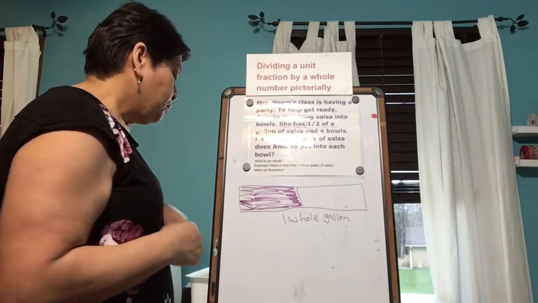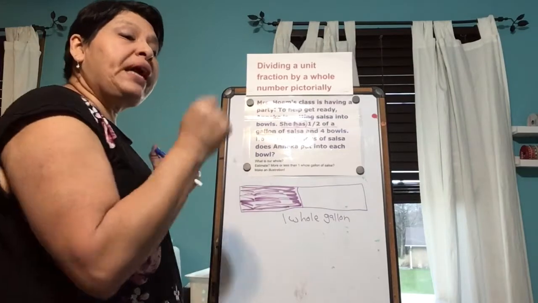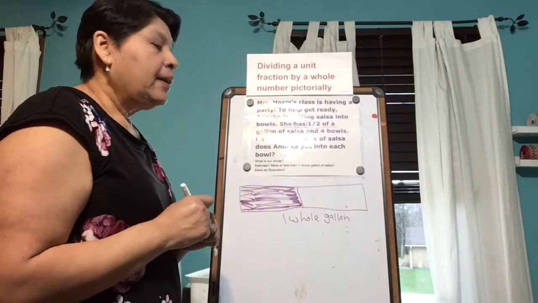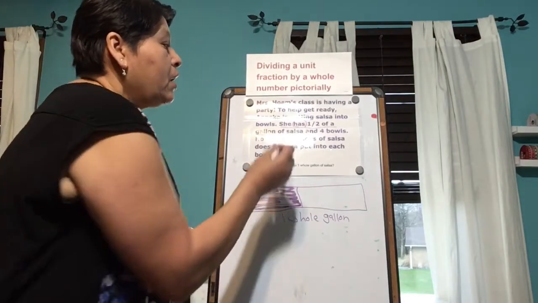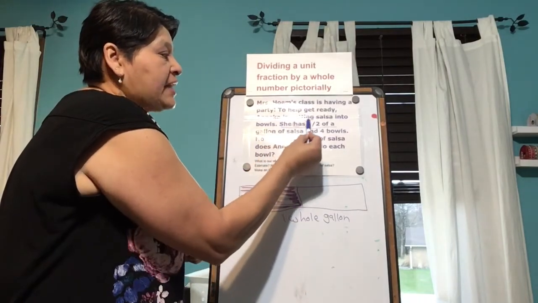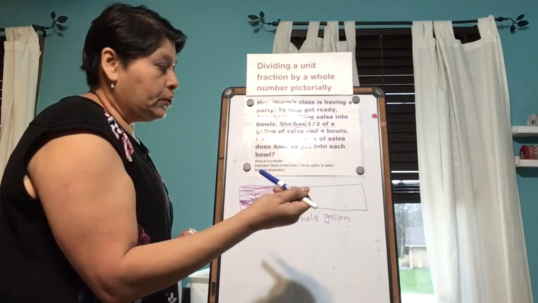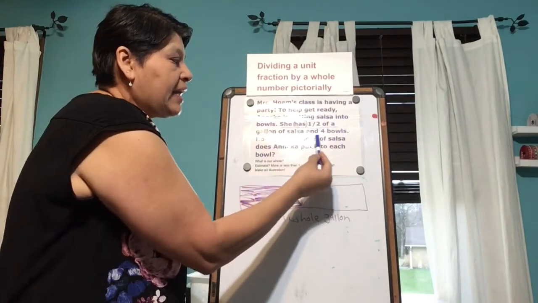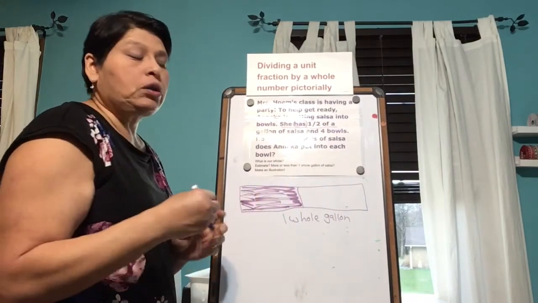Now, we figured out what we have and now how we have to partition it. Now we look for how we need to partition it. She has a half a gallon of salsa and 4 bowls. How many gallons of salsa does Annika put into each bowl?